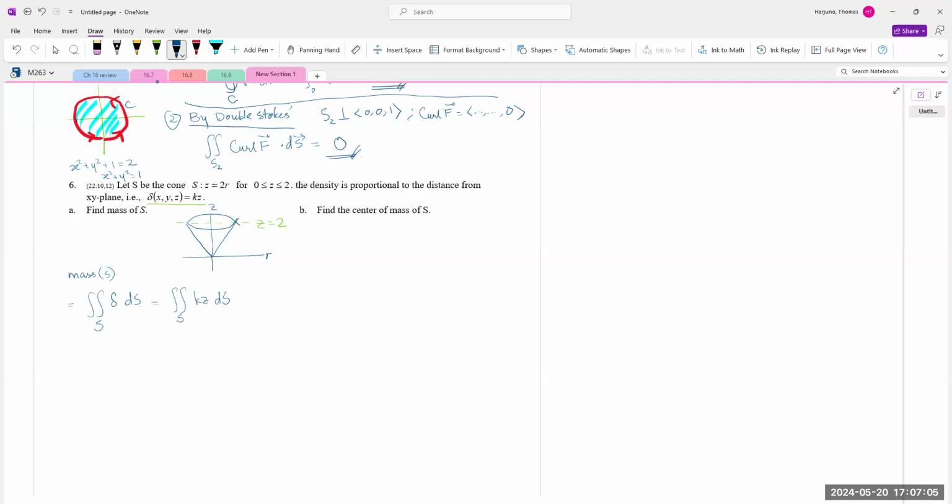Now we need to find out what is the dS. How do we interpret that dS? The surface S is given by z equals 2r, which is 2 square root of x squared plus y squared. So z sub x will be 2x over square root of x squared plus y squared. Is that right?